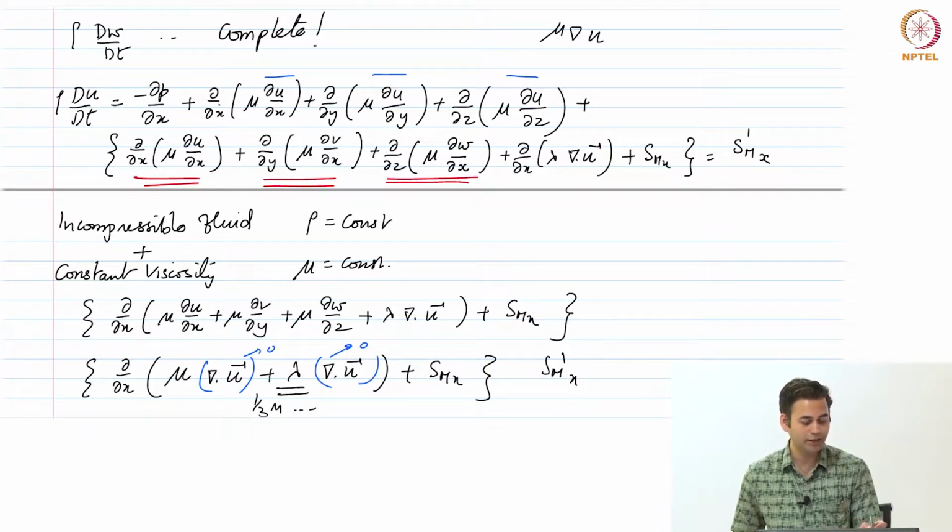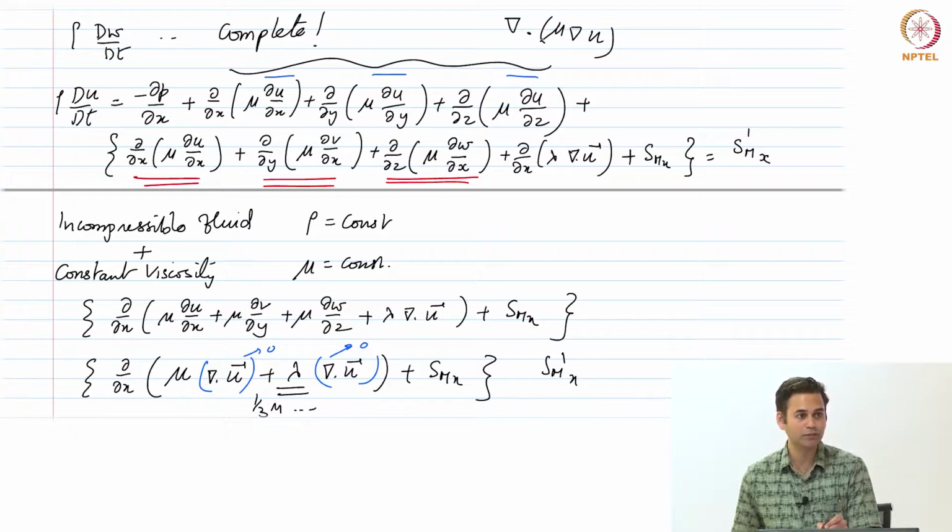Then we again have dou by dou x, dou by dou y, dou by dou z, another gradient, so that should be another del, but it should operate as a dot product, as a divergence. Divergence of mu times grad u aptly puts these three terms into one term. So this is del dot mu grad u.